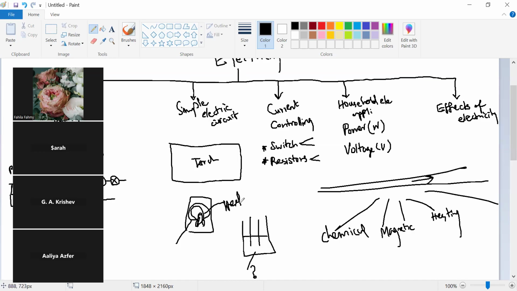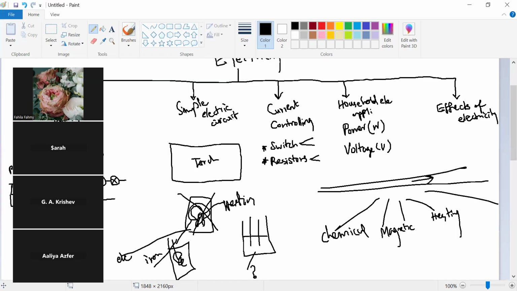It has been increasing its temperature. This is a disadvantageous thing, but you can use it for an advantageous purpose, such as to heat the water heaters, maybe the electric iron, maybe the electric stove, right? So heating effect is also very important.